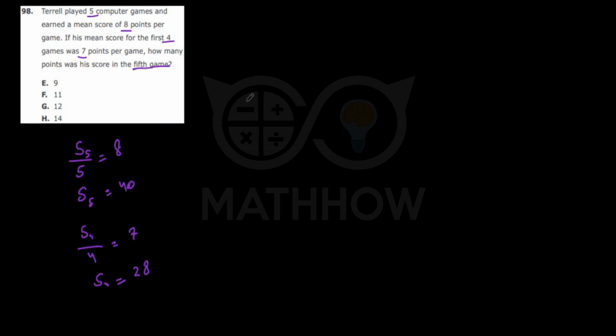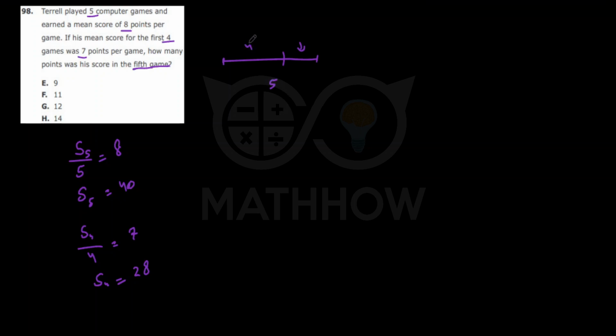Now we need to calculate the score in the 5th game. Suppose this is the total score of the 5 games, and this is the score of the first 4 games. Then the score of the 5th game will be the remainder. How do we calculate it?